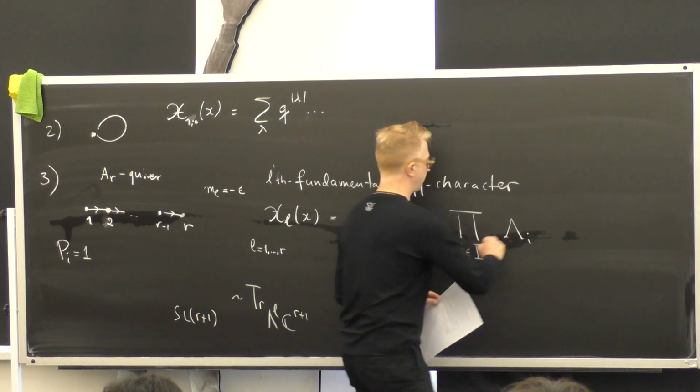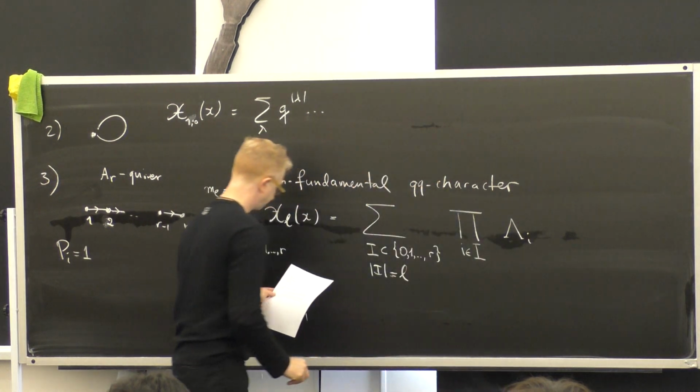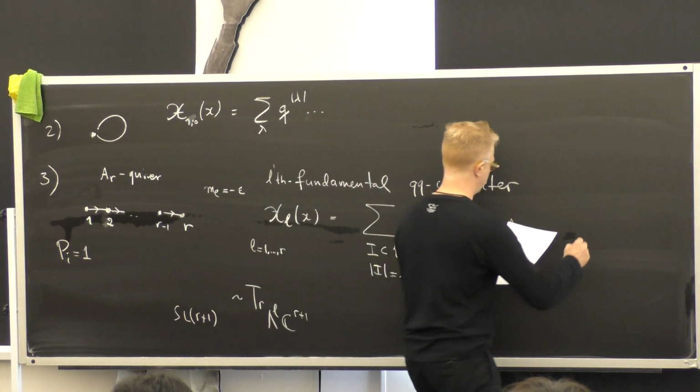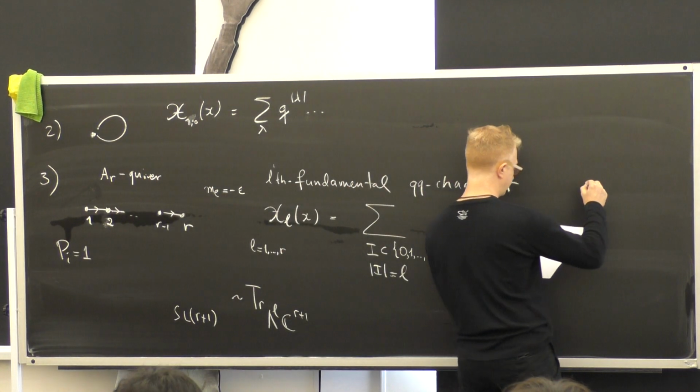So the lambdas, which I will write, are the analogs of the eigenvalues of the r plus 1 by r plus 1 matrix.